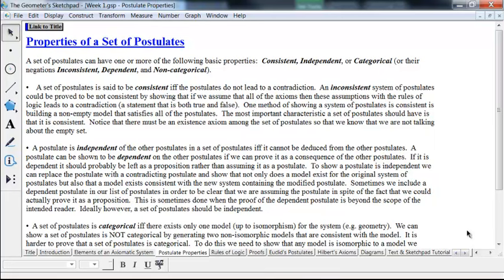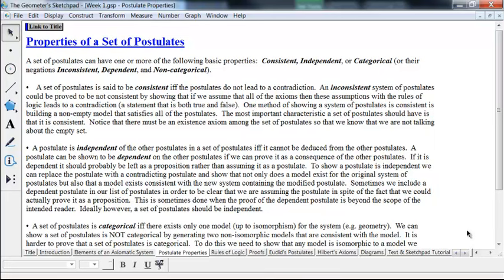If that's true, it's consistent. Now there might be more than one kind of model that are not the same in any way, not consistent with each other, but they're still consistent with the set of postulates. That's okay. But the set of postulates must be consistent.